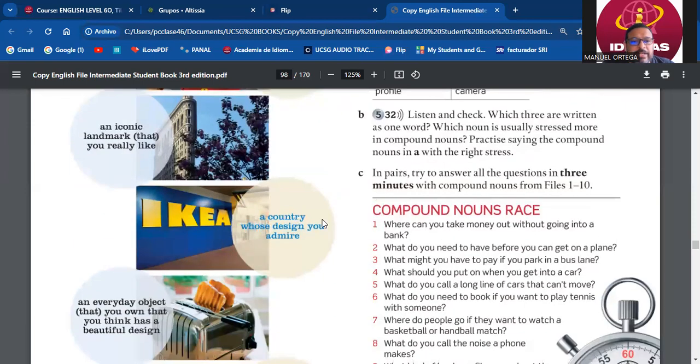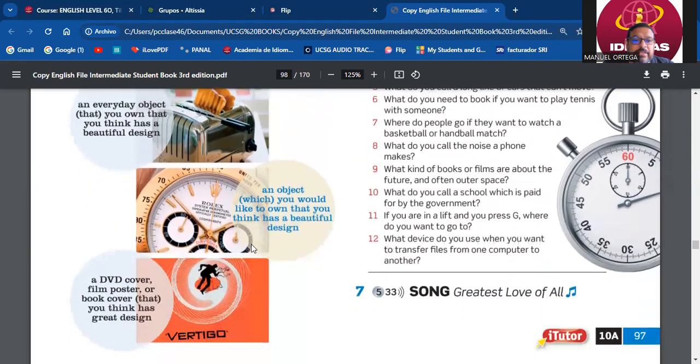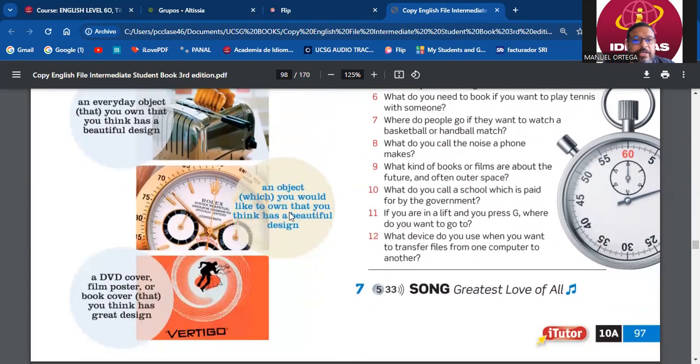Then, a country whose design you admire, an everyday object you own that you think has a beautiful design. They are mentioning a lot about design, so aesthetically, physically, when you observe it, that is what you like, what attracts your attention. An object you would like to own that you think has a beautiful design.